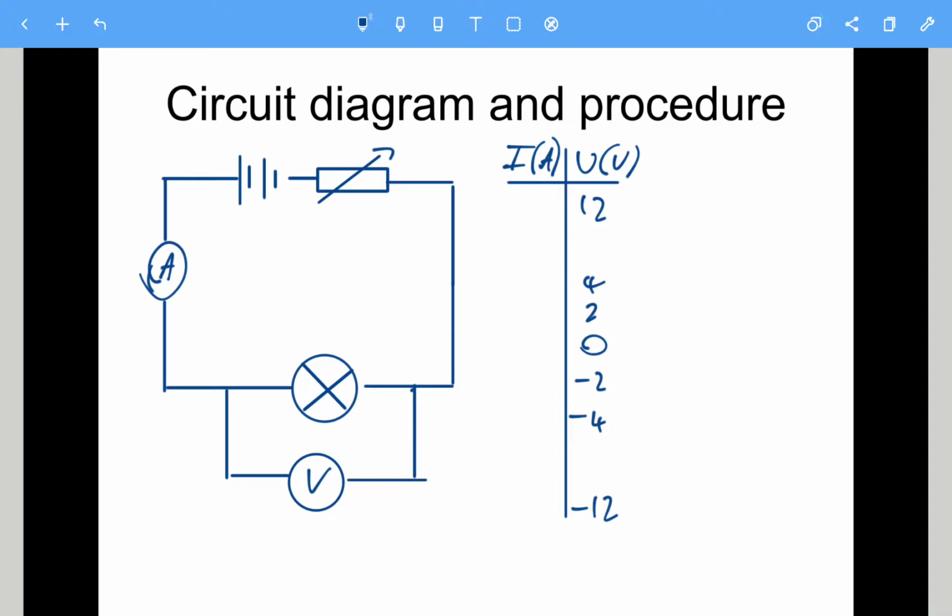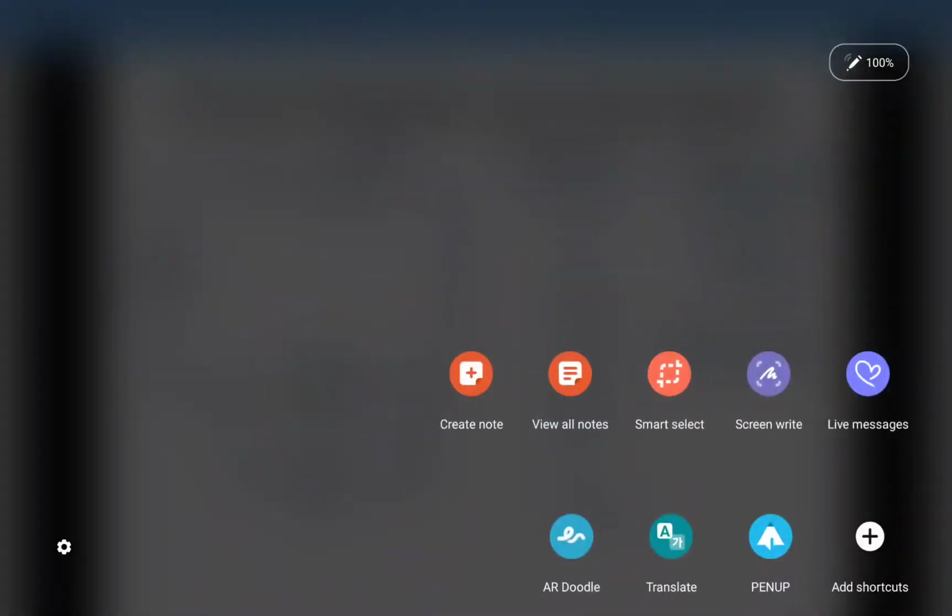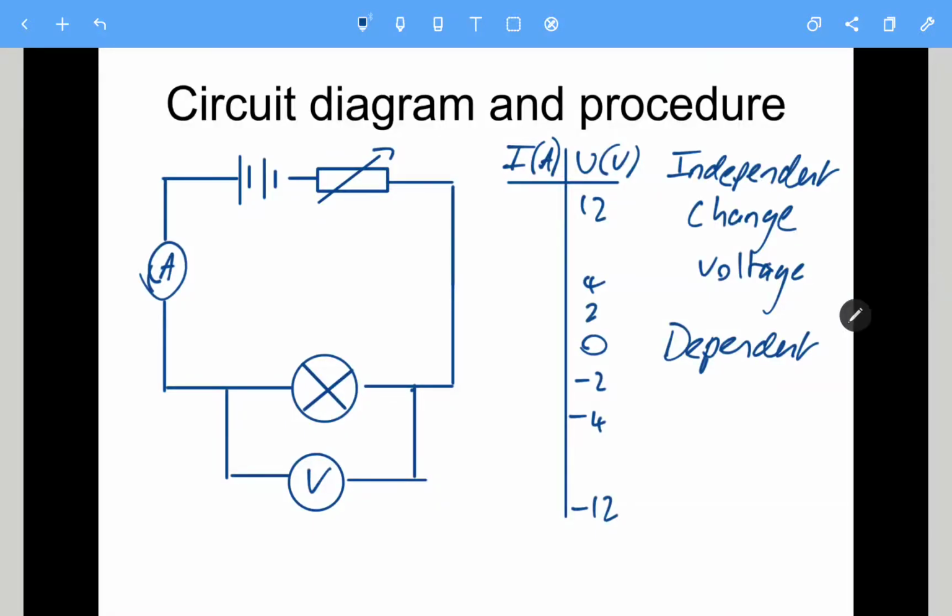Just back to the variables. The thing that we're changing is the independent variable. So the independent variable, the thing that we change, is the voltage. Then we've got the dependent variable, which is what we're measuring.